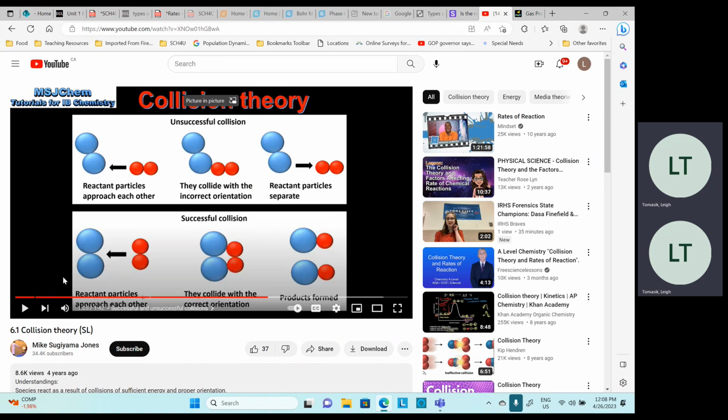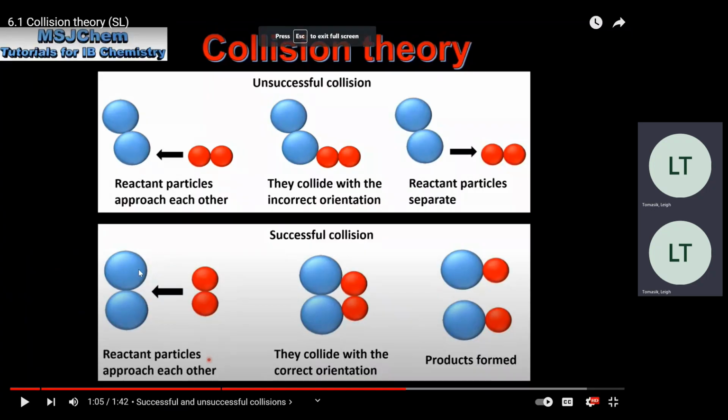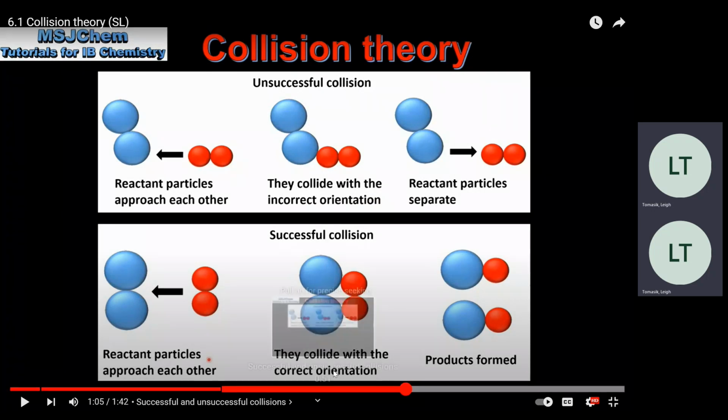Okay, so these two molecules have to line up, like top to bottom. They have to be in the same orientation to react. So when they both look like an 8, and they meet and they're at the same angle, this collision has the right orientation, and then the molecules end up touching, right?